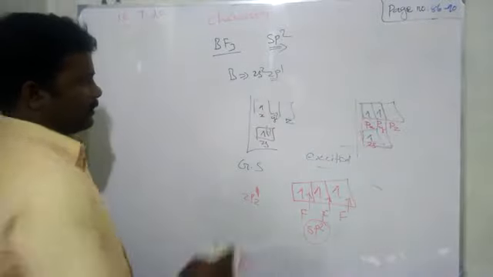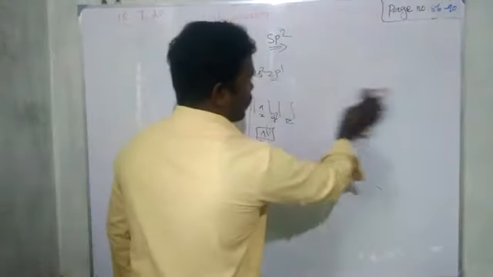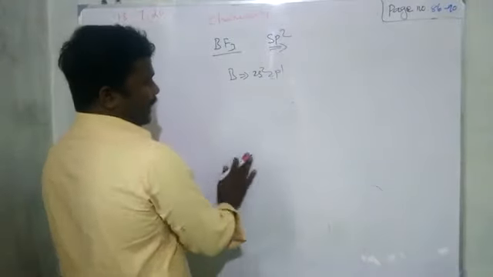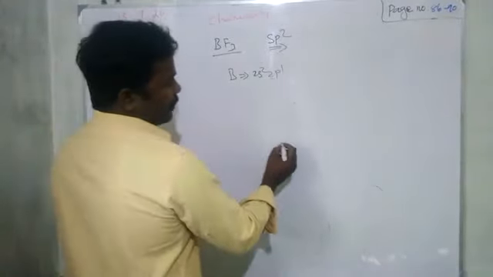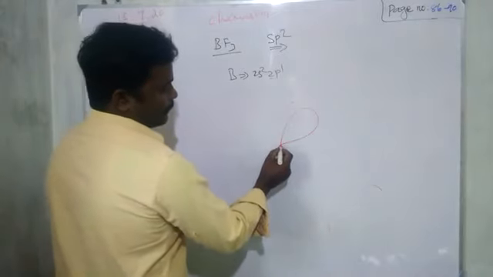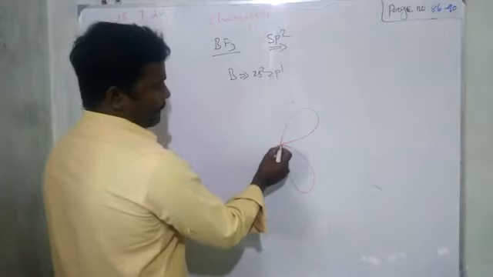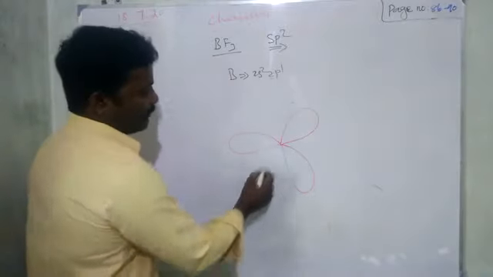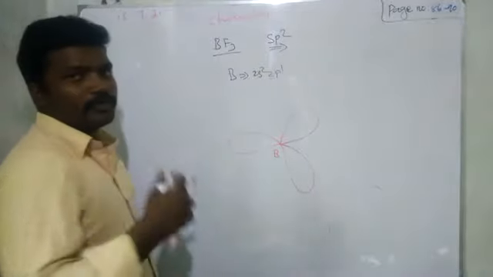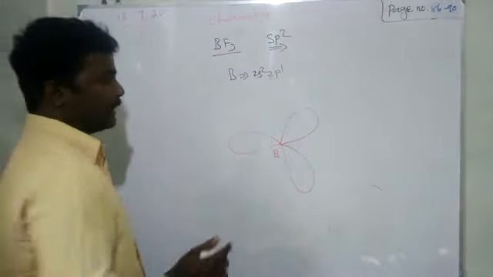So in the diagram we can draw it. For boron, how many hybridized orbitals? 3. How will you draw? For boron, which has 3 hybridized orbitals, if you see your book, it is given in different colors like green.